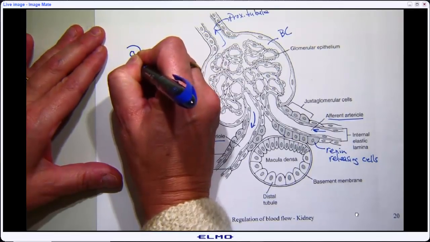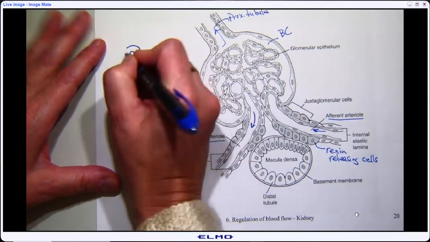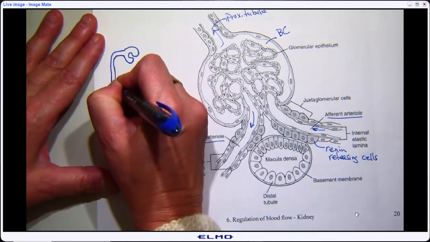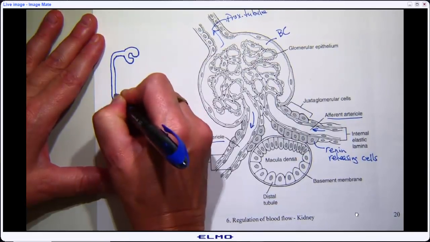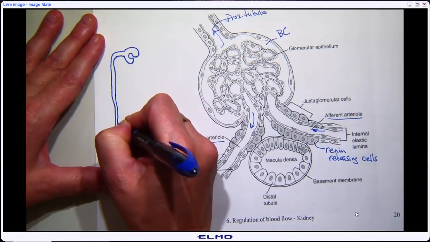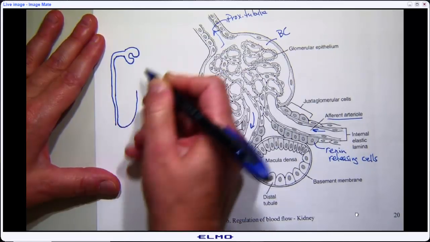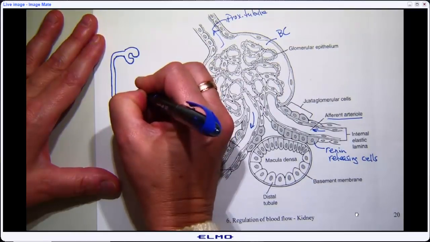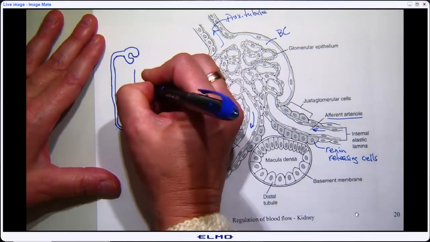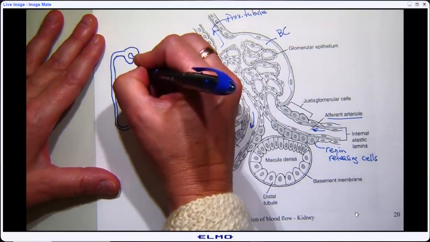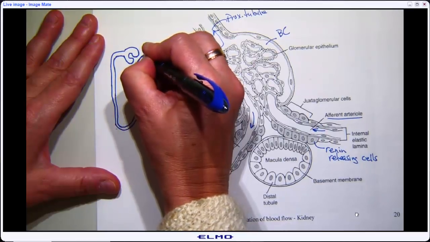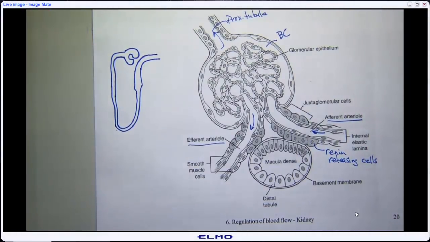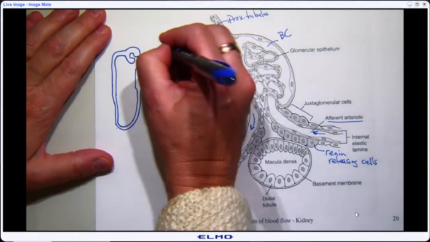If we have the Bowman's capsule and then our proximal tubule and then our thin descending limb and our thin ascending limb, all right, and then we have our thick ascending limb, and then we get into the distal tubule. That distal tubule curves right closely back to where the Bowman's capsule is. Okay, so this is our distal tubule.